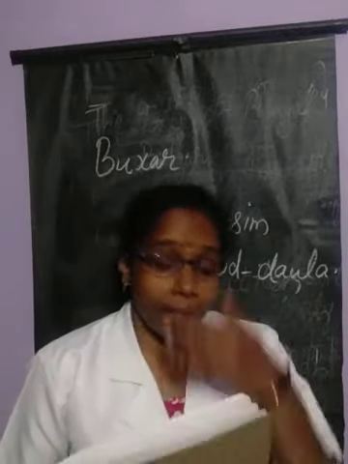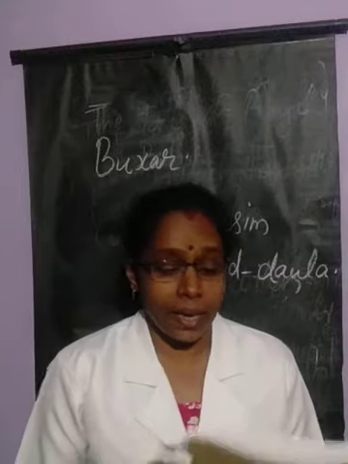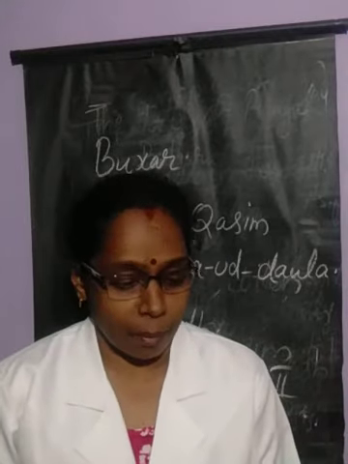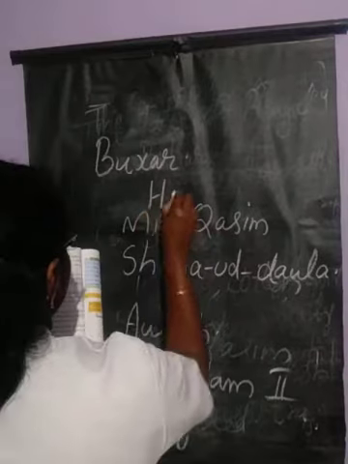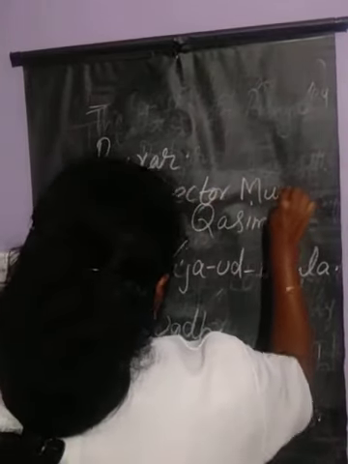They conducted a war with the British people. Who was the leader of the British company at that time? Hector Munro. Hector Munro was the leader of the East India Company.